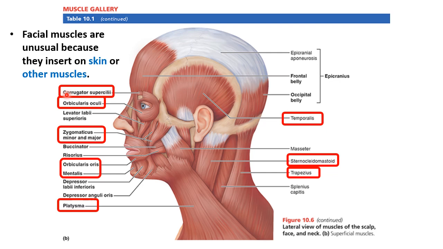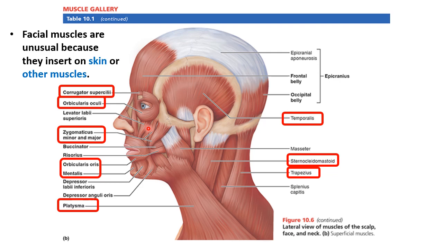This one is really cool too, but for the opposite reason. Corrugator supercilii. Cilia are the eyelashes, so this one is going to be doing something to your eyebrows above the eyes.